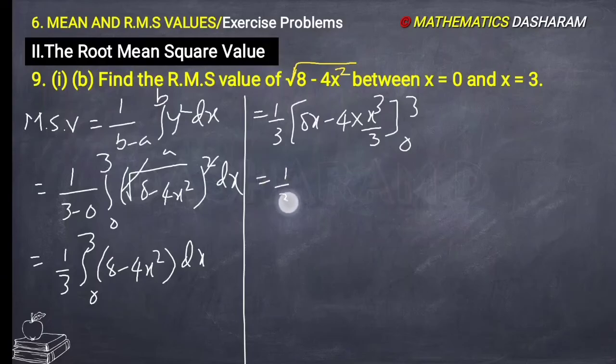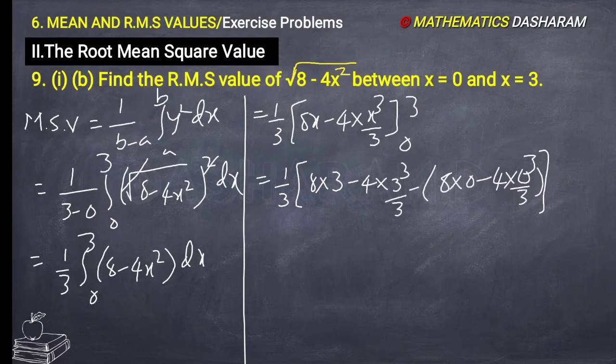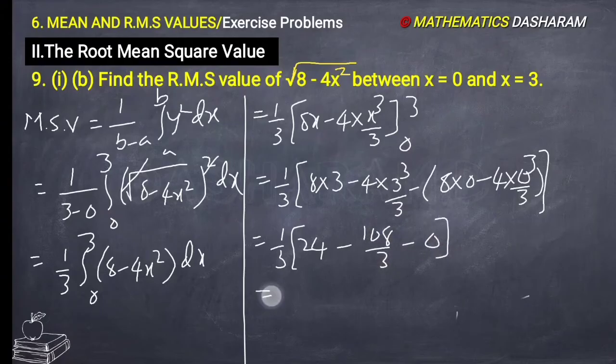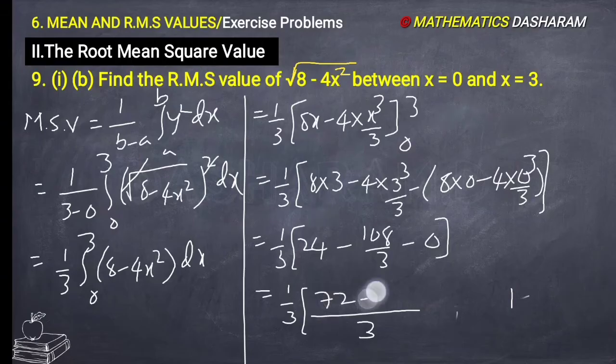So 1 by 3, substitute the upper limit: 8 into 3. So it is equal to 1 by 3 times (8 3s are 24, minus 3 cube is 27, 27 into 4 is 108, by 3, minus 0). So 1 by 3, here 3 is the LCM: 72 minus 108.